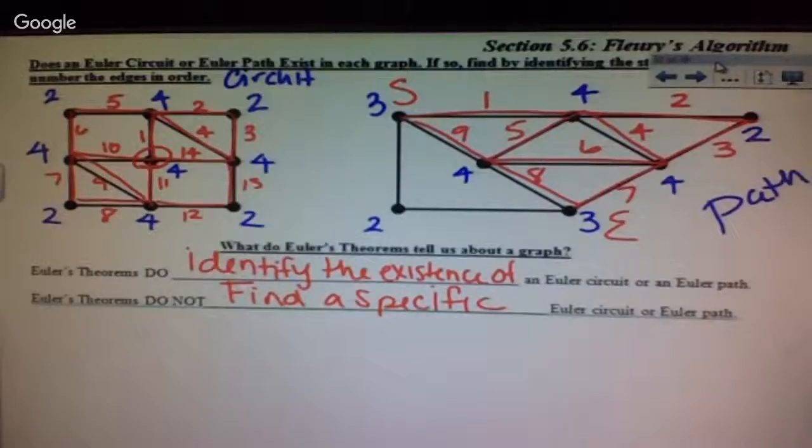There's 9. Down. There's 10. To the right. There's 11. I started at one odd, ended at the other. And you just found an Euler path. It's not too bad, right? Okay.